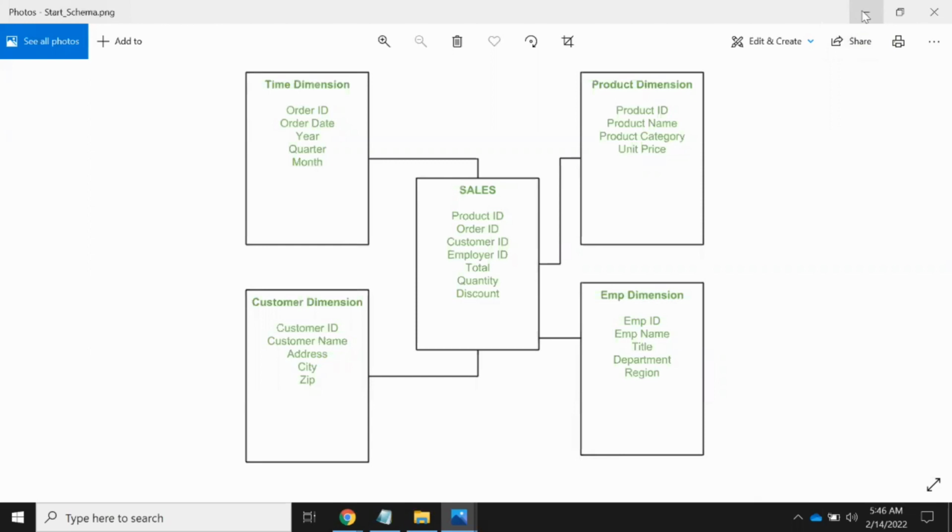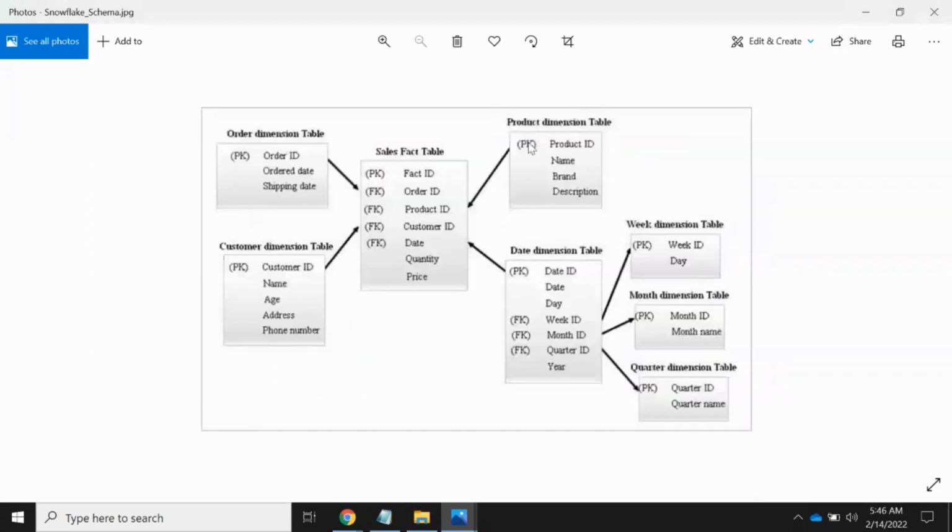Coming to the Snowflake schema: we have the same fact table and dimension table relation, but if one dimension is split again into more dimensions, then we call it a Snowflake schema.